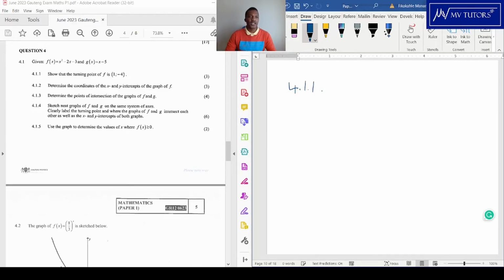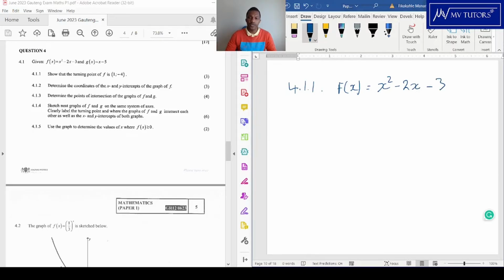4.1.1. It says given f of x and g of x, show that the turning point of f of x is as given. Okay, so what do we know? We know that f of x is equal to x squared minus 2x minus 3.